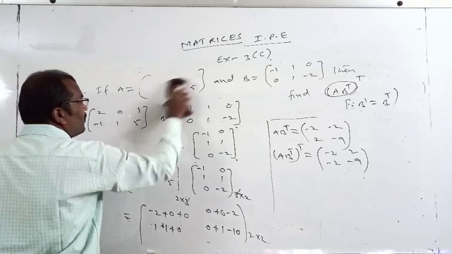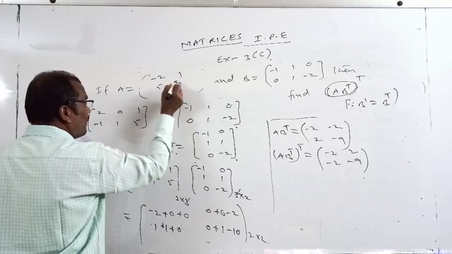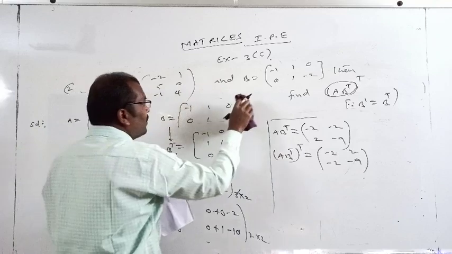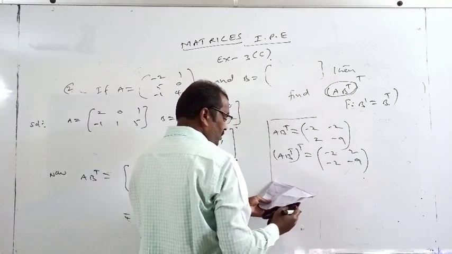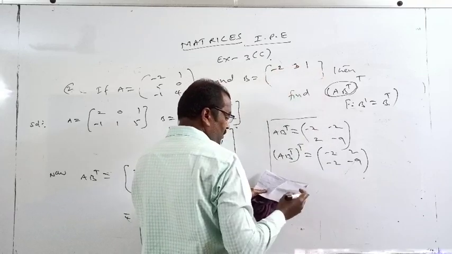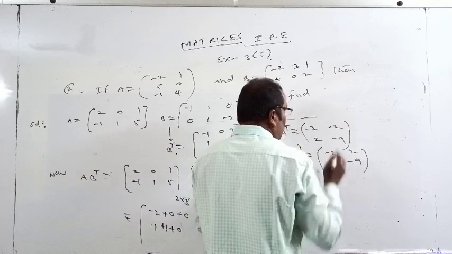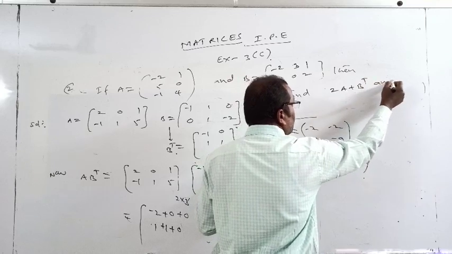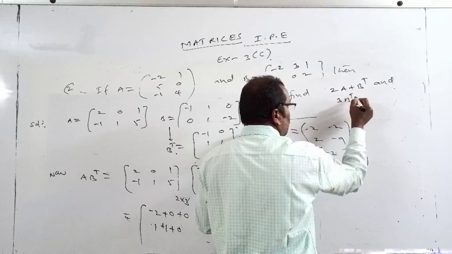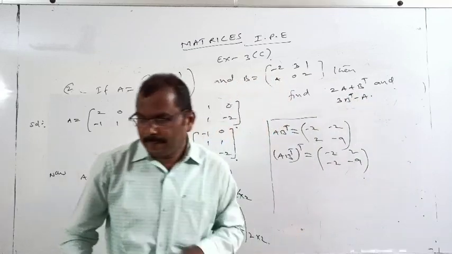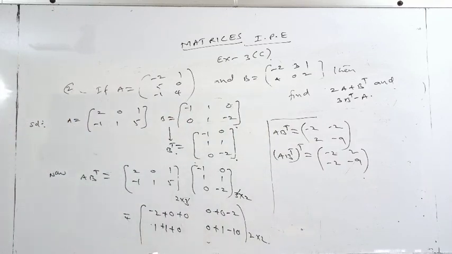If A is equal to [-2 1; 5 0; -1 4] and B is equal to [-2 3 1; 4 0 2], then find two bits: 2A plus B transpose and 3B transpose minus A.